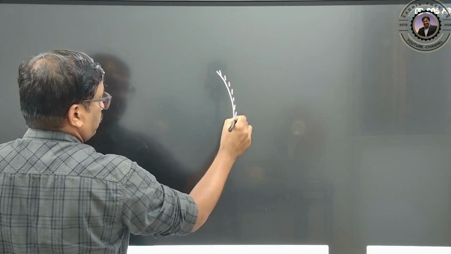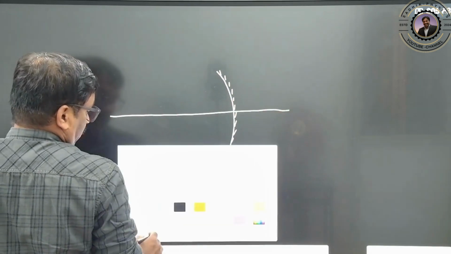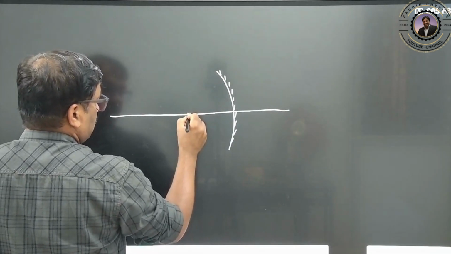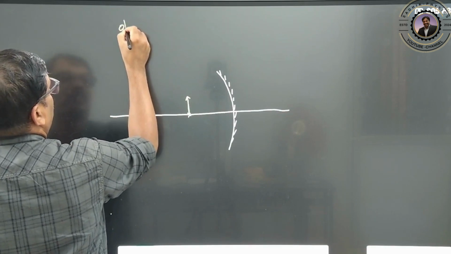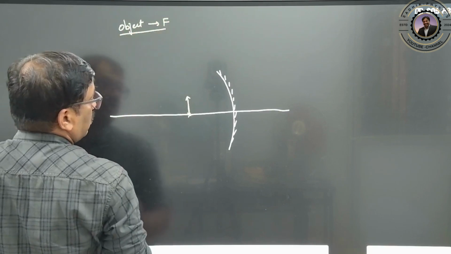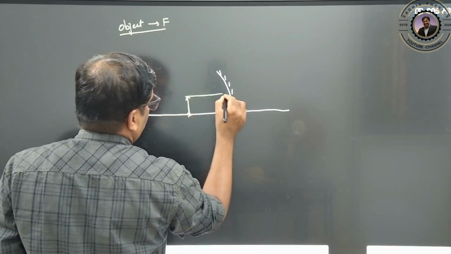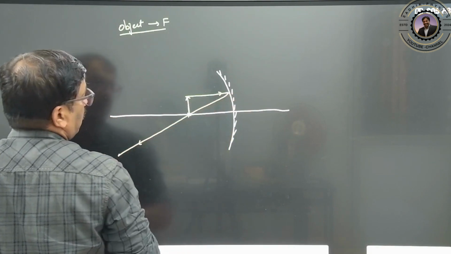Suppose now the object is on the focus. Where is the object now? The object is at focus. So what will happen now? If a light ray is going parallel to this one, then after reflection it will go like this.